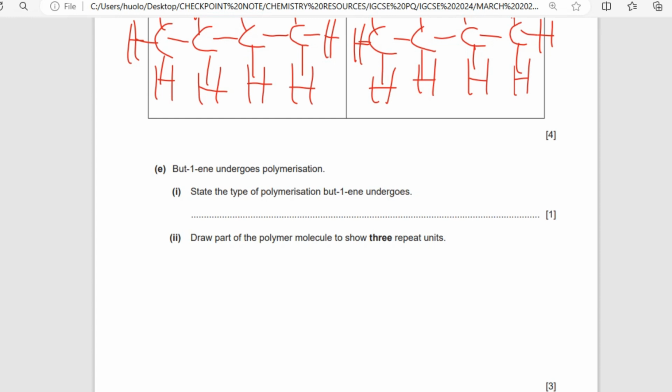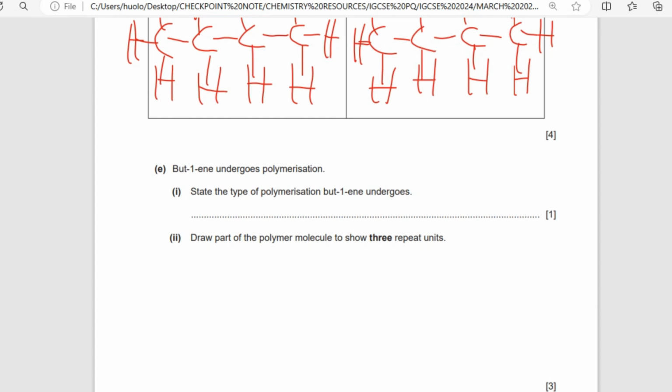There are 2 types of polymerization. We have condensation polymerization and addition polymerization. In a condensation polymerization, you have 2 molecules joined together to form 1 large molecule and a loss of a small molecule. When ethanol or an alcohol reacts with a carboxylic acid to form an ester, that's an example of a condensation reaction.